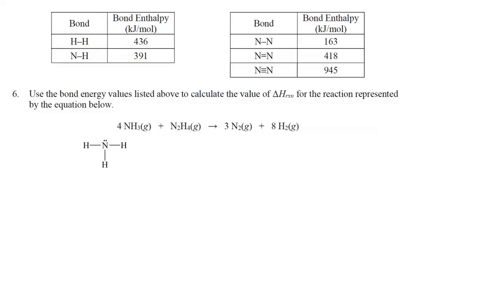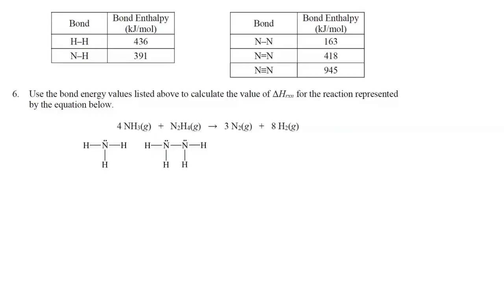So NH3 looks like this, with 3 NH single bonds and a lone pair of electrons on the central nitrogen atom, and that gives you the connectivity between the atoms for NH3. For N2H4, when you sketch that molecule, it's going to have a nitrogen bonded to a nitrogen with a single bond, and then there are a total of 4 nitrogen-hydrogen single bonds as well.